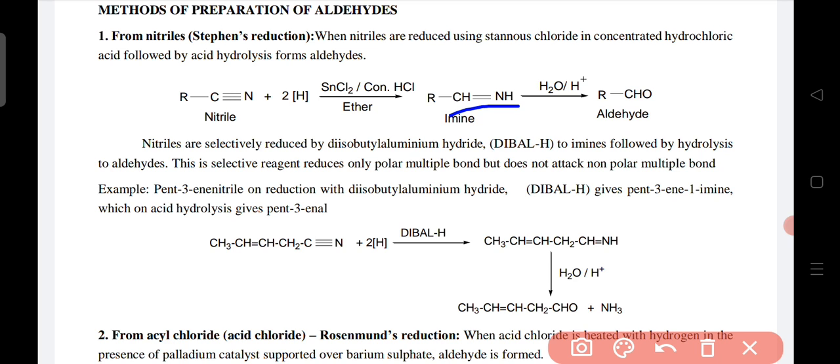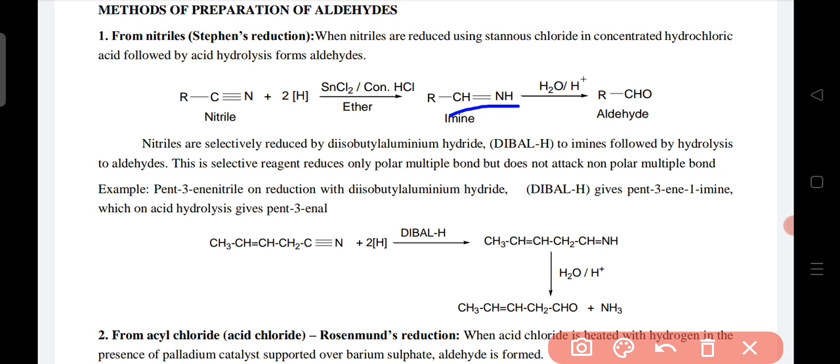If there are carbon-carbon double bonds and a carbon-nitrogen triple bond, then DIBAL-H, diisobutyl aluminum hydride, will selectively reduce only the C triple bond N, the nitrile, to imine.